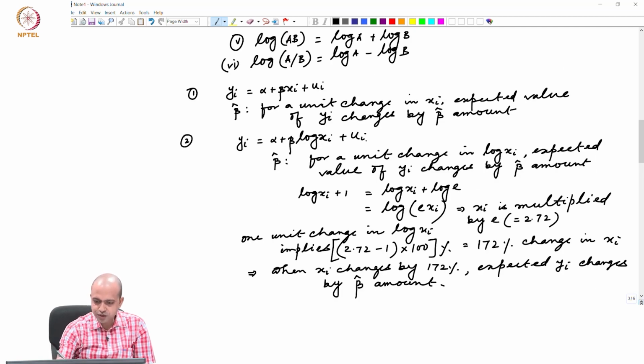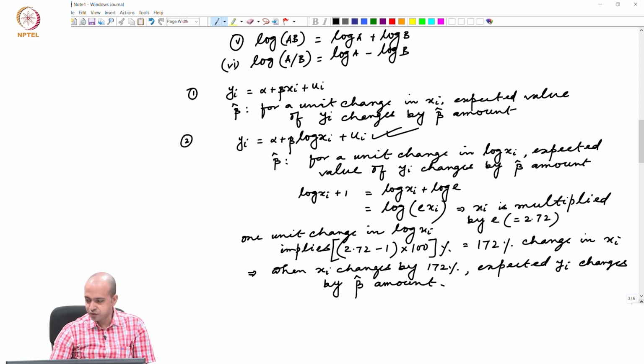So, that means you are estimating this case when y is linear, but x is log transform. So, that means here I can say that for a p percent change in xi, yi changes by that amount.